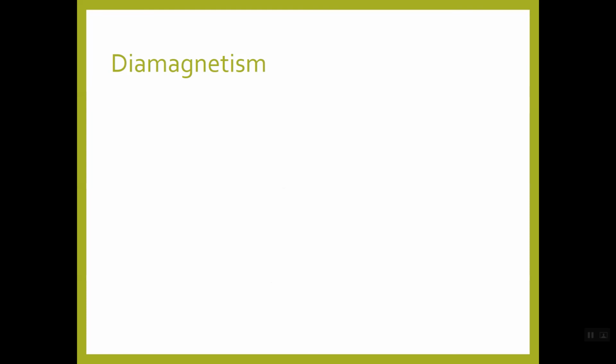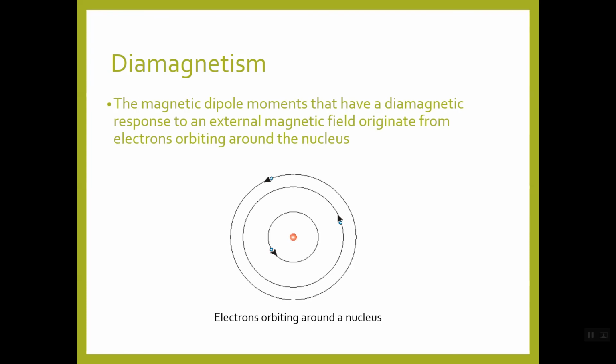So diamagnetism results from the magnetic dipole moments that have a diamagnetic response to an external magnetic field, and those originate from electrons orbiting around the nucleus. Okay, so those dipole moments will give rise to a diamagnetic response if placed in a magnetic field.